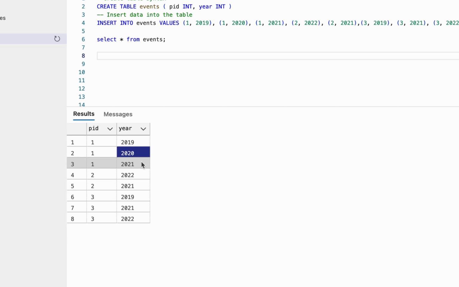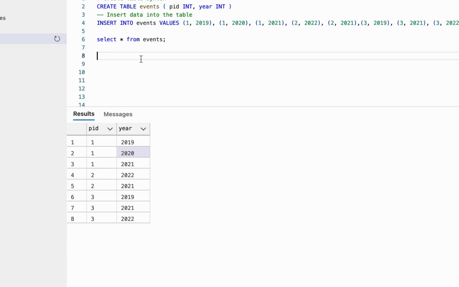We can do the same by subtracting 2020 from 2021, and again the difference is 1. So when the difference is 1 for both its previous year and its next year, we can say that particular PID is consecutive.